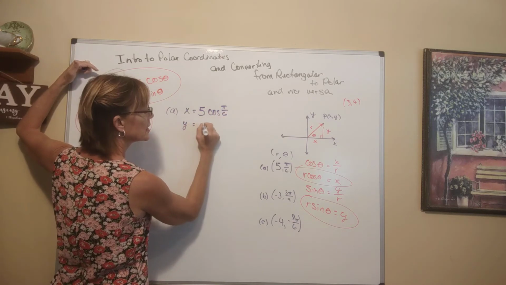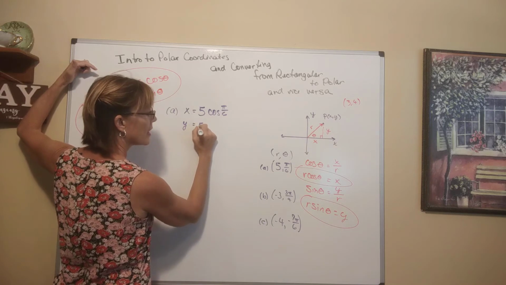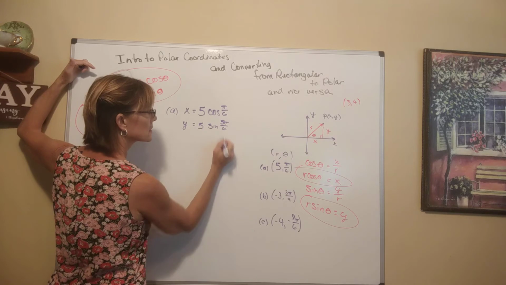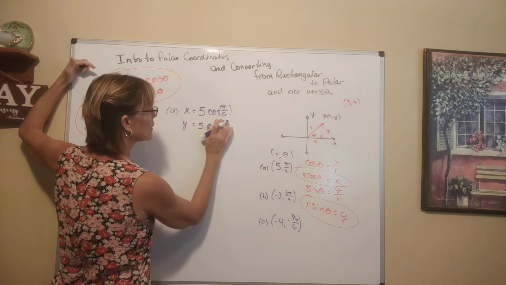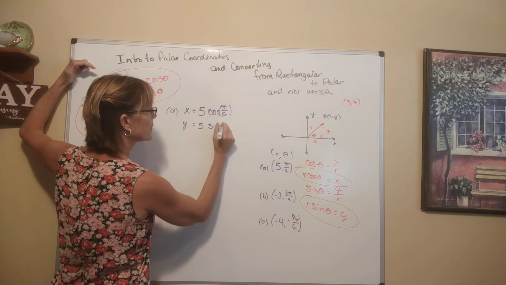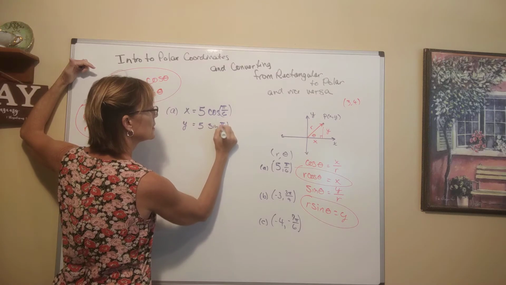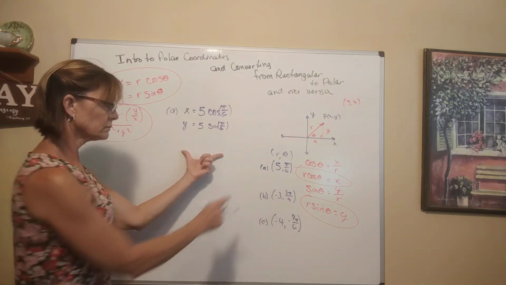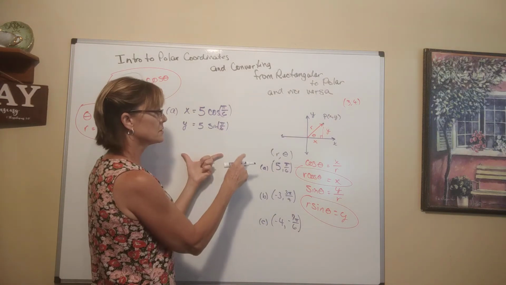And y is going to equal r, 5, times the sine of pi over 6. I don't know where I got 5 pi over 6. Pi over 6, sorry.